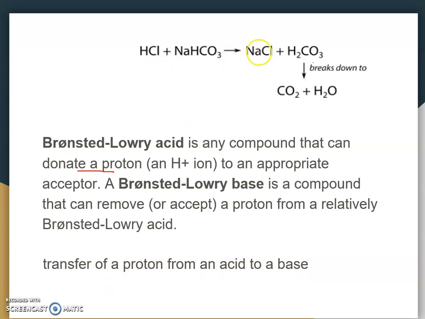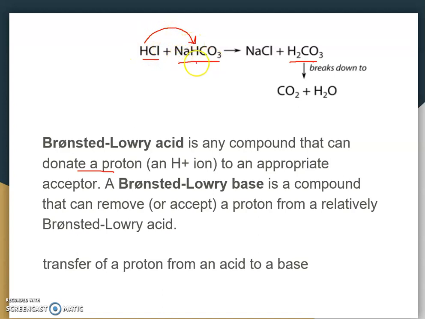So if we look at this equation above, we have hydrochloric acid, and here's sodium bicarbonate. So this is an acid because it can donate a proton to the sodium bicarbonate and form our H2CO3, or carbonic acid. And so what this means is the HCl is an acid because it's donating a proton.